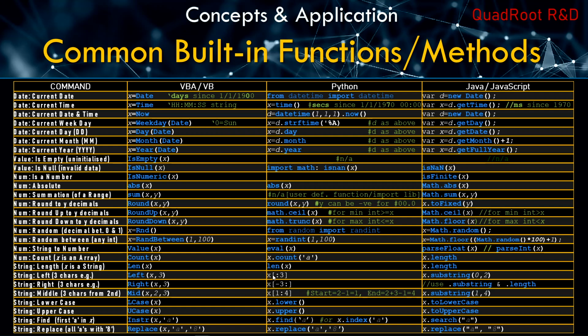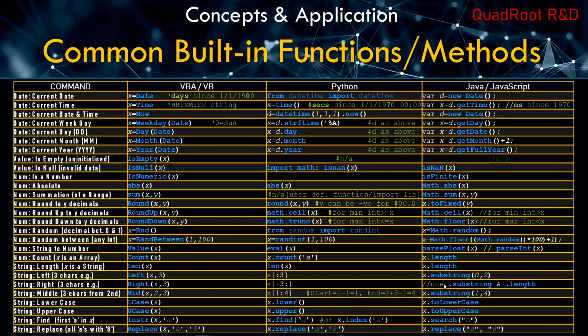And here, we're saying start from the start and end at the third character, excluding the third character. We just want 0, 1, and 2. So this is using array methods. I've explained here what start is: the starting position 2 minus 1, which is 1, and the end is 2 plus 3 minus 1, which is 4.